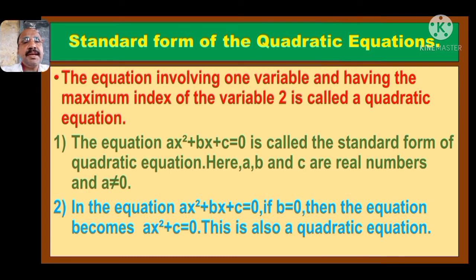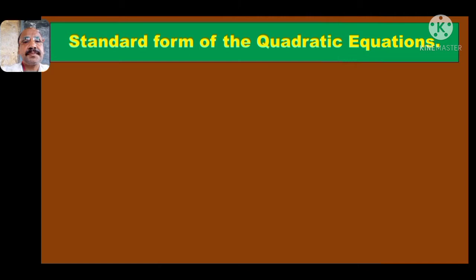In the equation ax² + bx + c = 0, if b = 0, then the equation becomes ax² + c = 0 and this is also a quadratic equation.